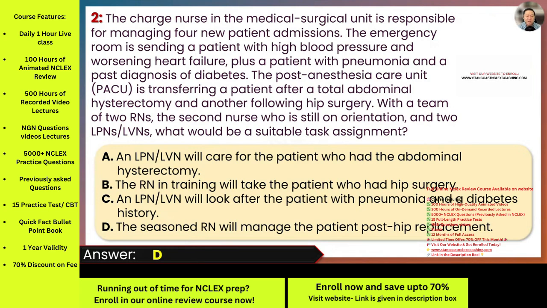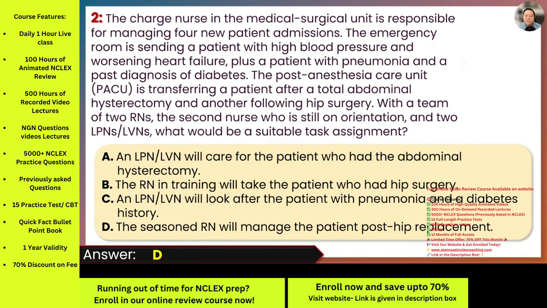You also need to avoid assigning unstable or complex patients to the LPNs because they cannot perform independent assessments or make critical decisions, and they work best under RN supervision, and they can help with routine tasks. And also think about the supervision and safety. And so the new RN should not be assigned a high-risk patient alone.